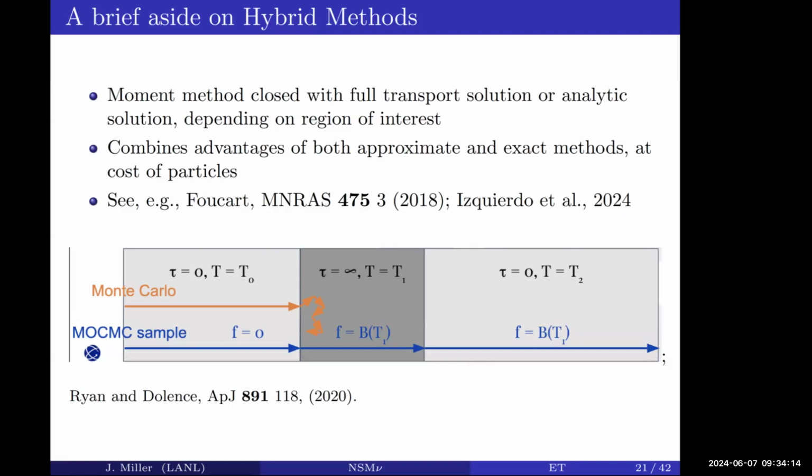And this is really nice because the moment method ensures continuity of solution, guarantees conservation, the nice things that we care about, but at the same time, you are adaptive in space where you can solve the real problem where it matters and solve an approximate problem where it's good enough. I think these are the future, and these are a really nice approach.